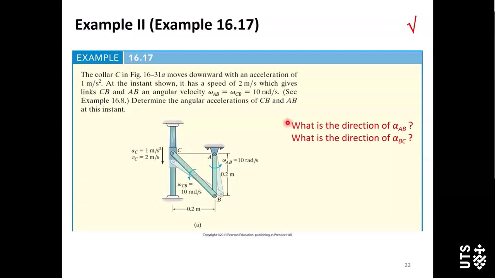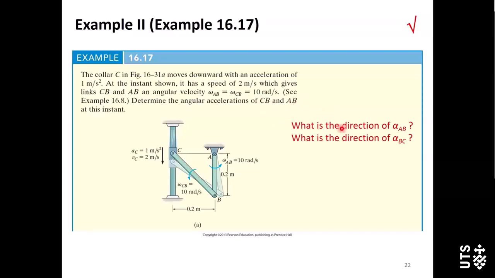Okay, angular acceleration is a vector, so this means we need to determine both the direction and the magnitude of alpha CB and alpha AB.